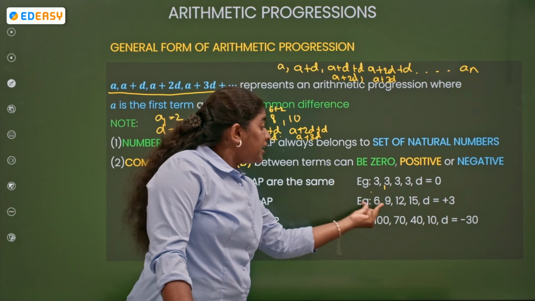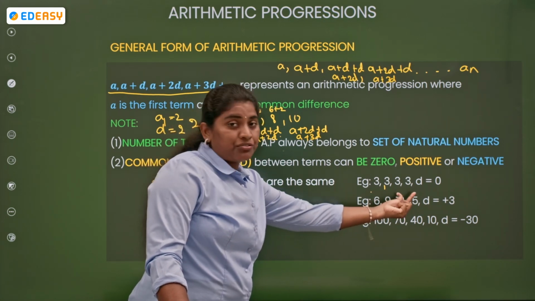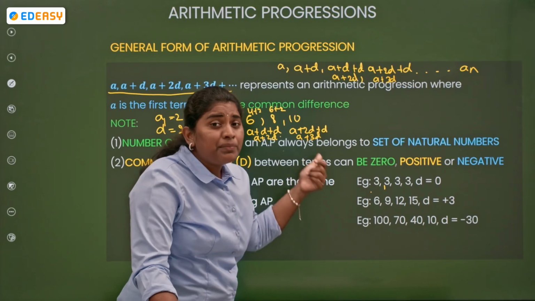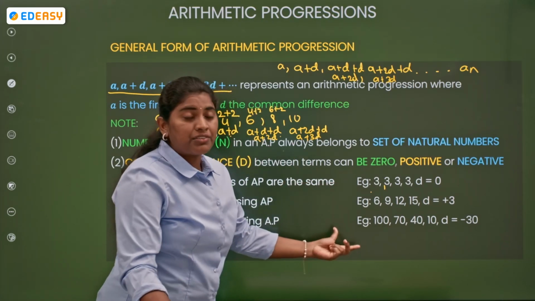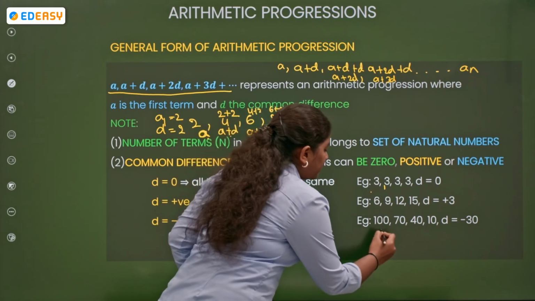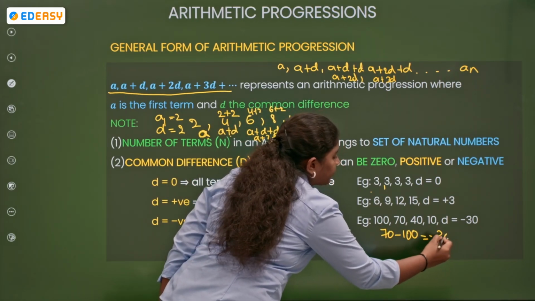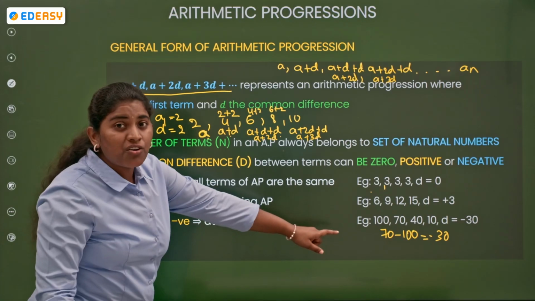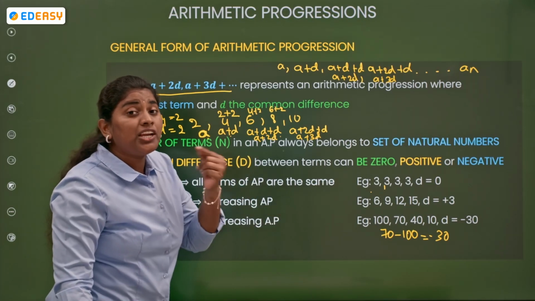Now if you are taking the second one, 6, 9, 12, 15, if you take the common difference, we will be getting 3. And in the same way, for your third one, 70 minus 100 will give you minus 30. So the common difference I got here is minus 30, which is a negative value.